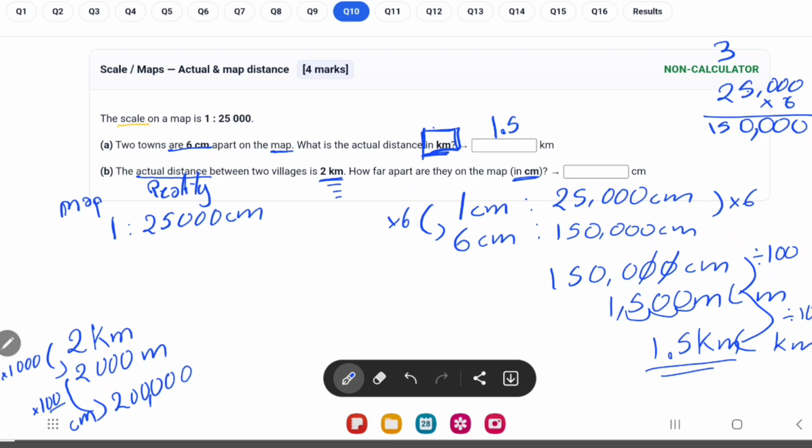Now that I know that 2 kilometers are 200,000 centimeters, I only need to find out how many 25,000 goes into 200,000, which although it looks like a big number, it's not really that big when you take the zeros away. Pay attention.